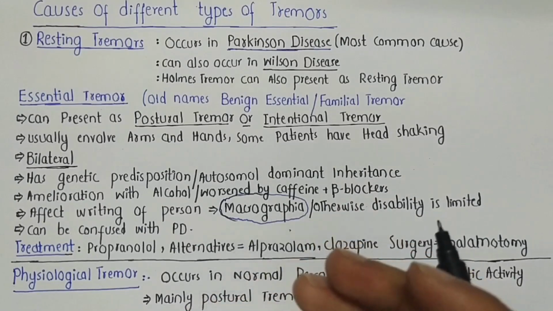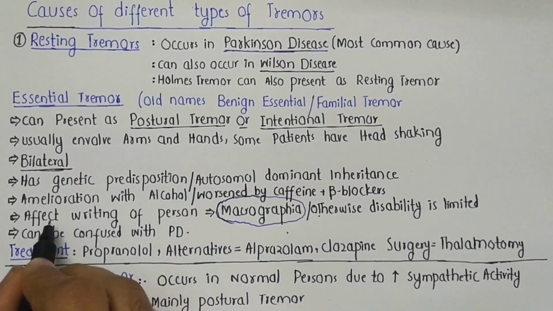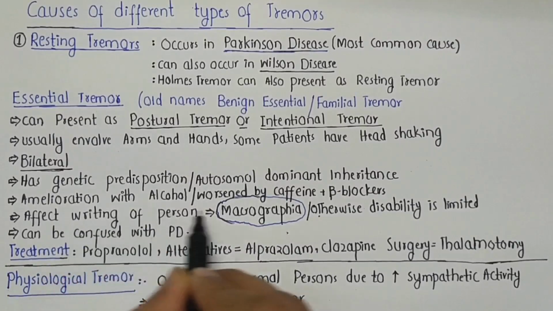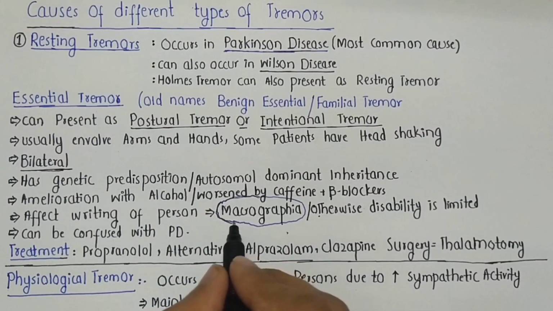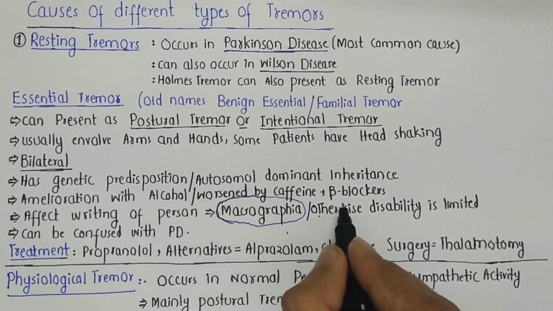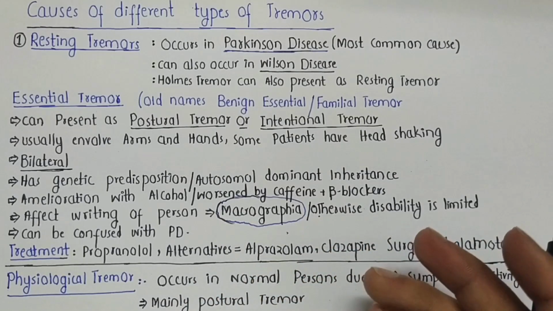As I said, essential tremors affect fine skills like writing. Otherwise, disability is limited. There is no such disability due to essential tremor. The person can take care of himself or herself.